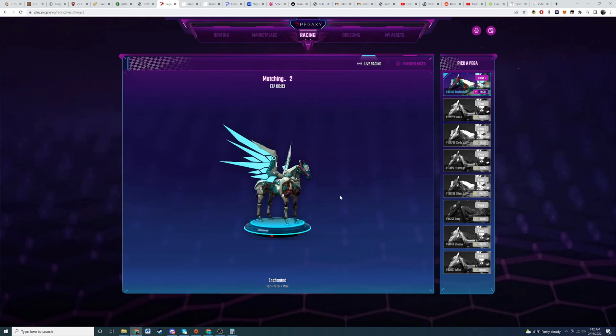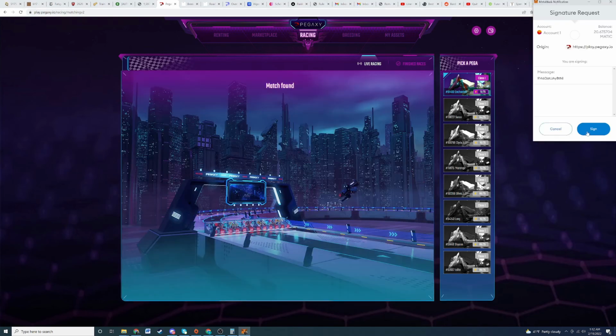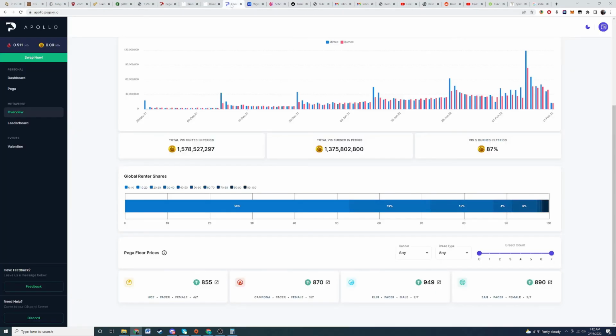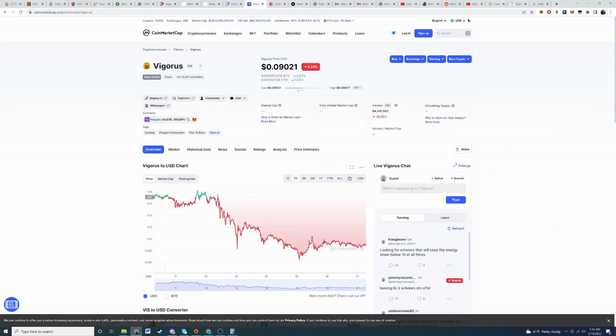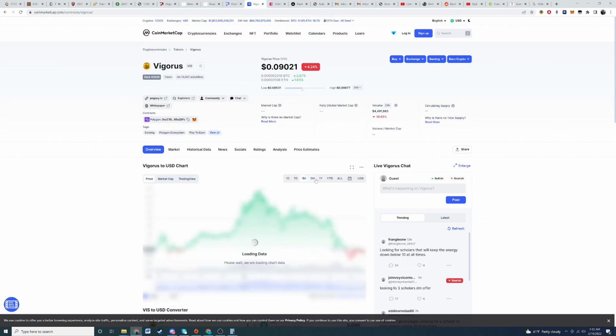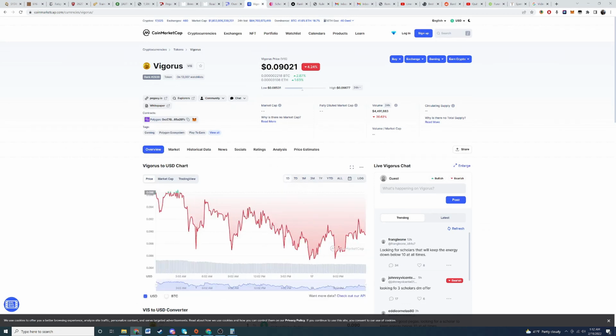I don't want anyone to ever make any investment that is outside their comfort zone, and research. One nice thing about Pegaxy is that pretty much all of the statistics are kind of publicly available. You can take a look at market cap, you can look at trade volumes over the past month, over the past week, over the past day of both the Vigorous token and the Pegaxy Stone.